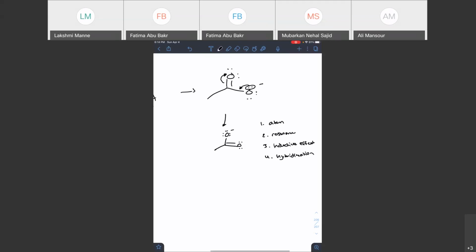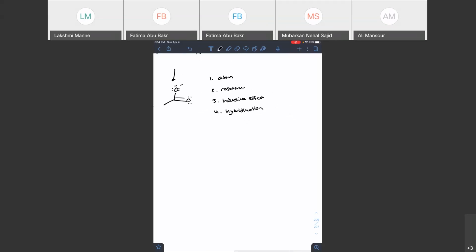I feel like this might be old news for a lot of you, but real quick, atom means it matters which atom is attached to the hydrogen that's going to be lost. So let's do the example of NH and OH.